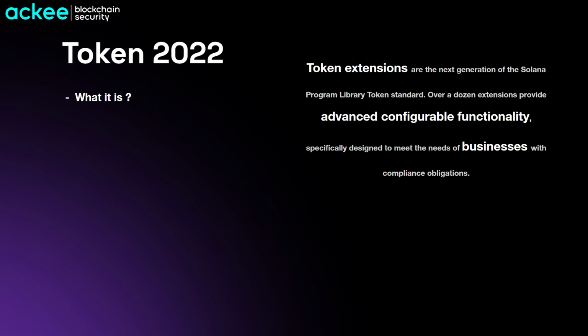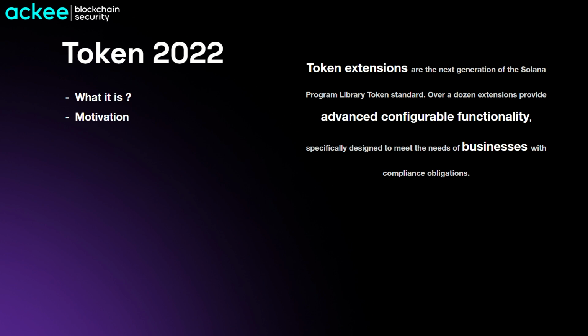Token 2022 aims to improve or to add functionality over the previous mint accounts and token accounts. What is the motivation? I think the motivation is pretty self-explanatory, because you want to add new functionality over the tokens, right? If the tokens supported on the Solana blockchain have only simple functionality, why not add new functionality over the tokens? So this is the motivation.